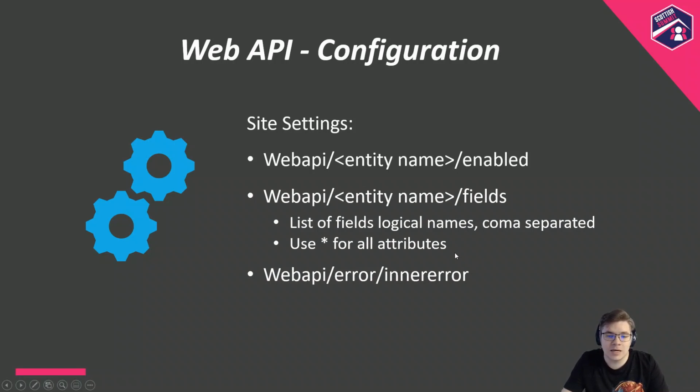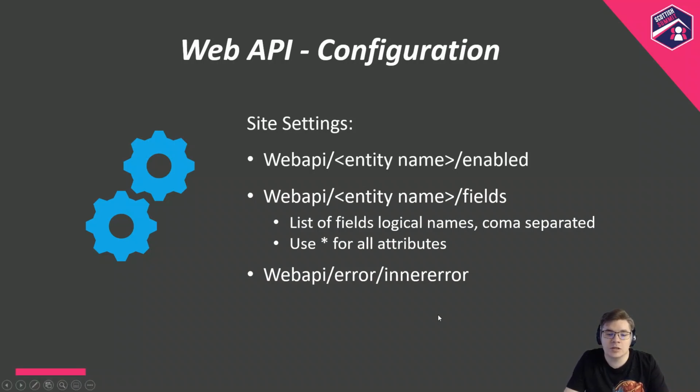Now this one is not the best idea if we are talking about production instances specifically, because it will allow access to all attributes, but it might be acceptable during development or for entities that don't have really big importance from a security standpoint.